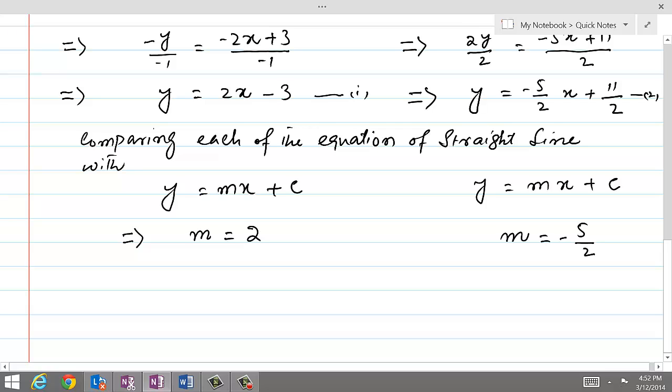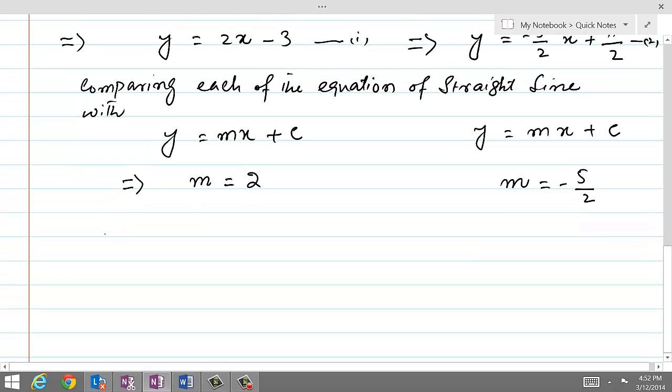Now, as established criteria, if both of these slopes are different, it means lines are intersecting each other and they will have one common point of intersection. As M1, the slope of first line, is not equal to M2, the slope of second line, we can rather call this M1 and M2.